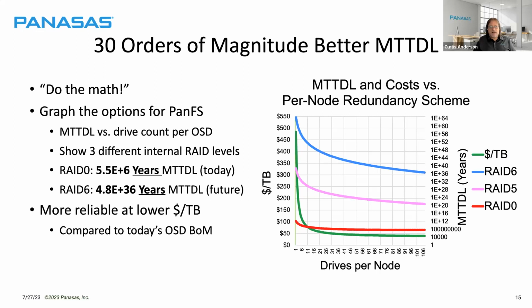It actually seems easy. Oh, well, let's go from RAID 0 to RAID 5 or RAID 6. And the effect on reliability is tremendous.